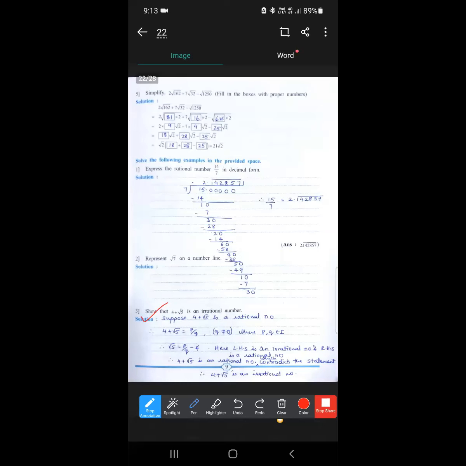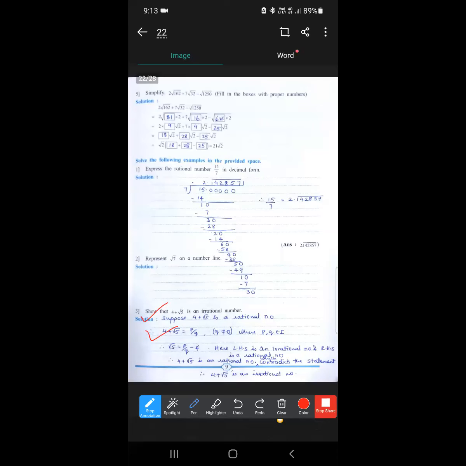This definition you need to remember or keep in mind forever, because this is the shortest definition of a rational number. So suppose 4 plus root 5 is a rational number, then 4 plus root 5 will be equal to p upon q, where q is not equal to 0. Yes, this is the definition of a rational number.